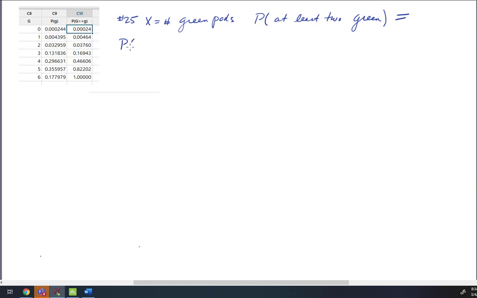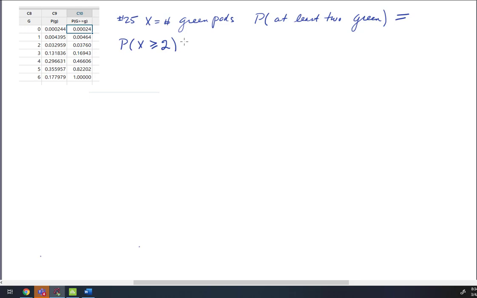So that would be what? At least 2 green would be X, the number of green pods, has got to be greater than or equal to 2. Now we could calculate the probability X greater than or equal to 2 by going to the probability column and adding the probability X is equal to 2 to the probability X is equal to 3 to the probability X is equal to 4 and so forth.